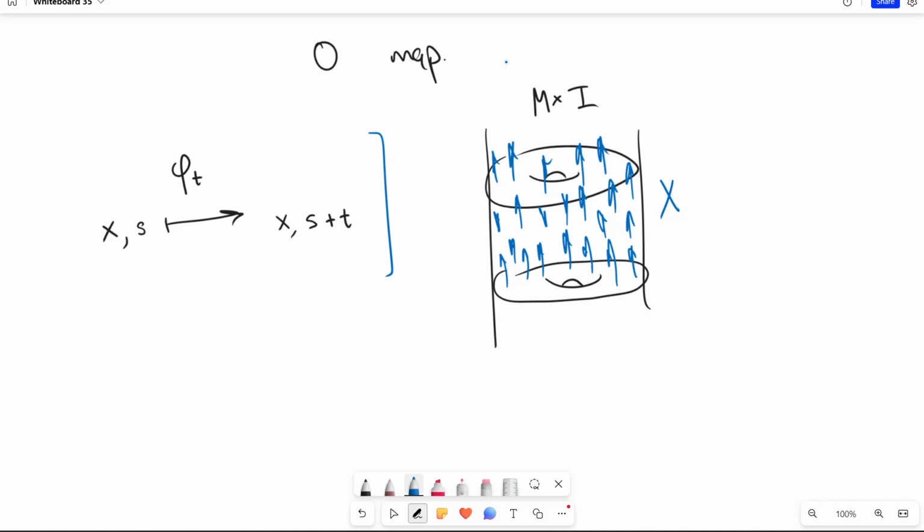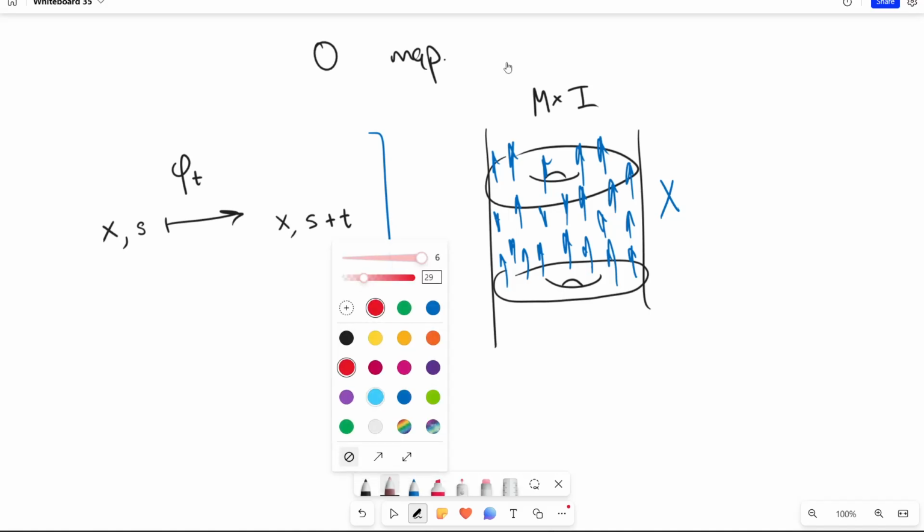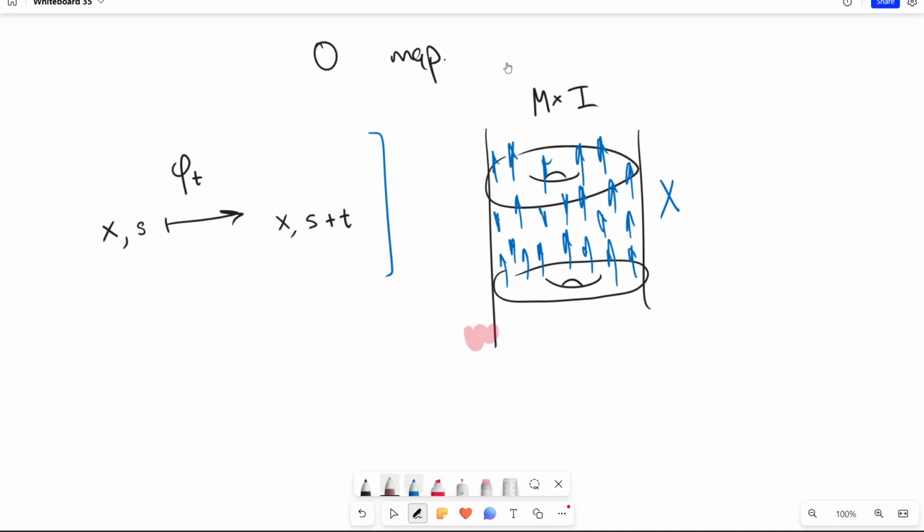So if we keep getting the same omega no matter what time we plug in, if we take the derivative, we expect that to be 0. The derivative of the constant map is 0.